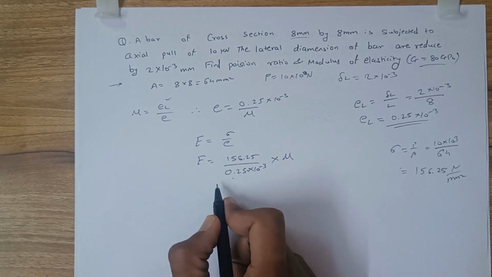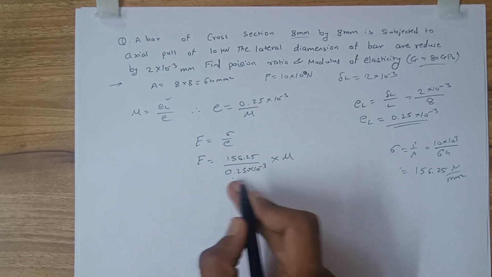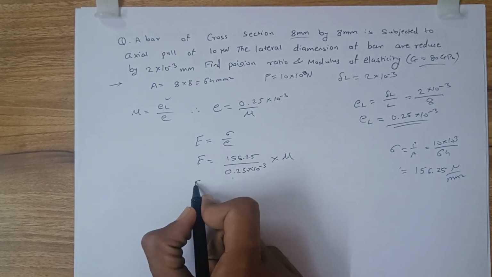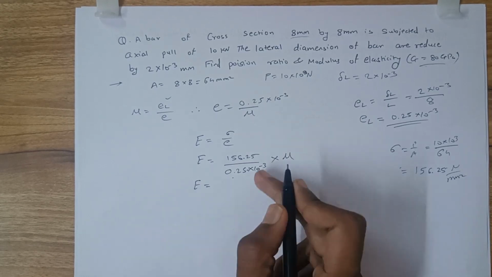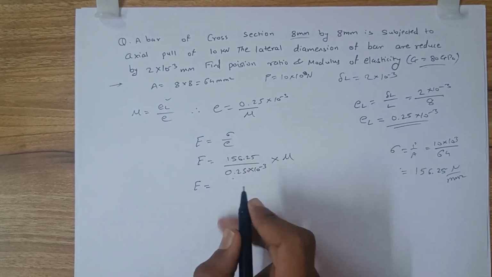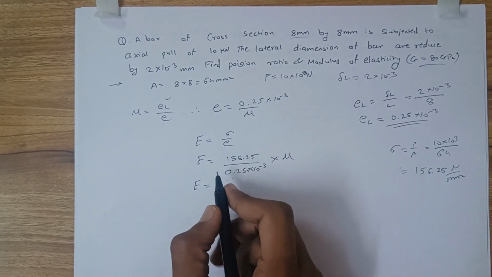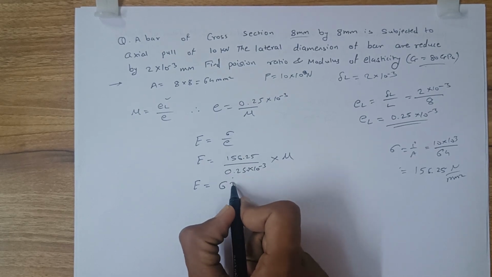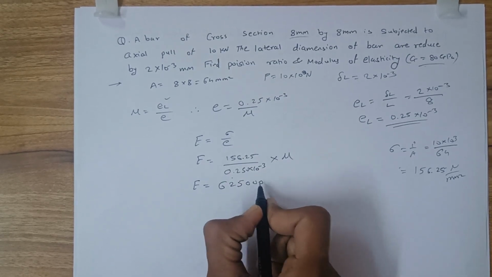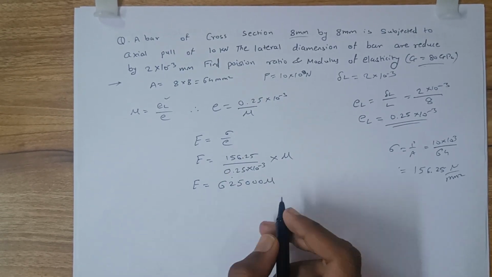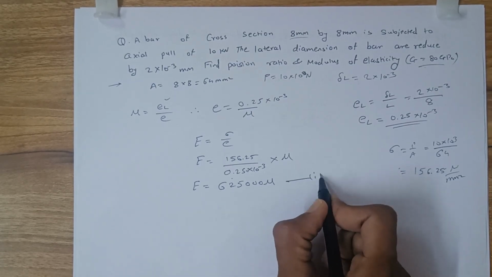Now we calculate this value. We put this in the calculator and calculate this term, so E is equal to 625,000 mu. This is our first equation.